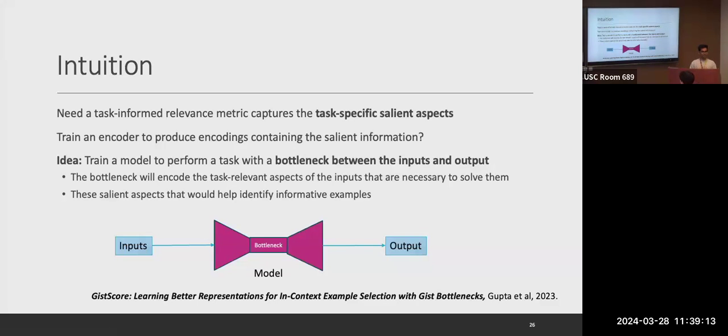And if you are able to extract that information in some way from that bottleneck, it might be useful to also identify the good in-context examples. So what are the inputs and outputs here? This is just any task. Suppose you're doing sentiment classification, then the input would be, say, a review, and the output would be the class, positive or negative.